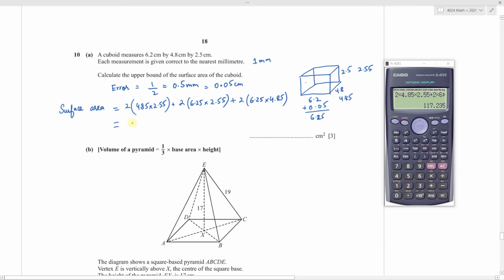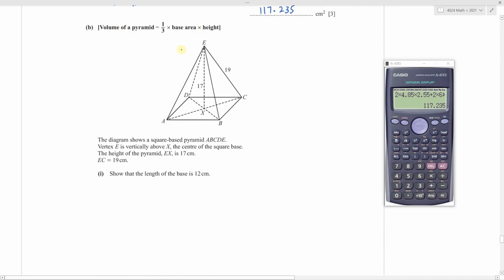So your answer here is 117.235 centimeters square. So this is the upper bound of the surface area, 117.235.